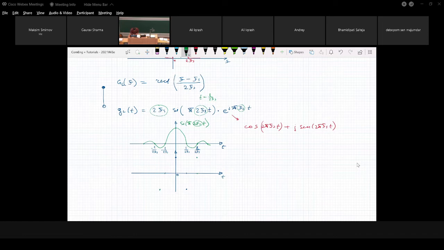And then at 1 over fs, we have 1. So this is our cosine function.